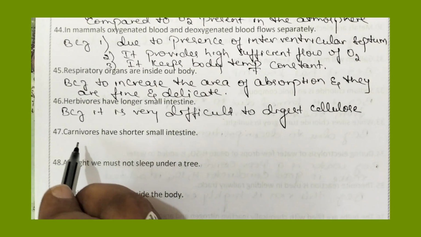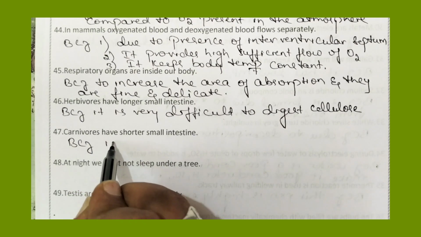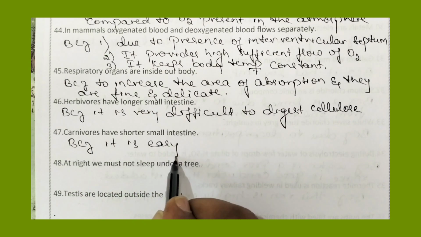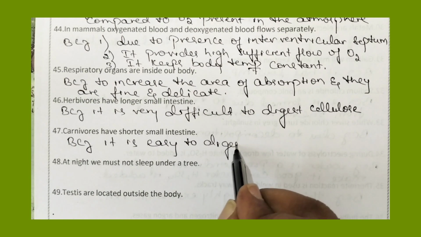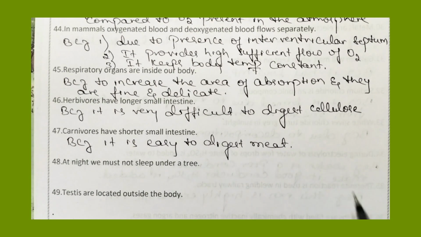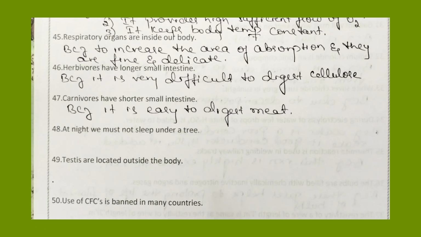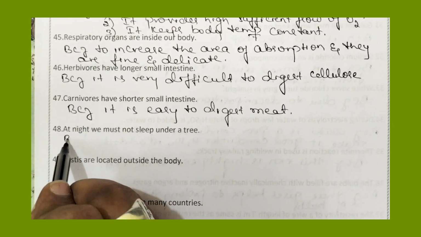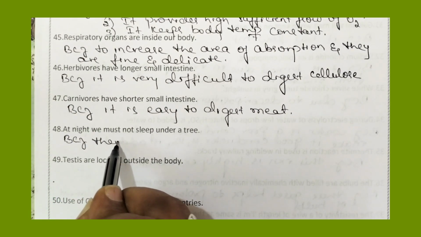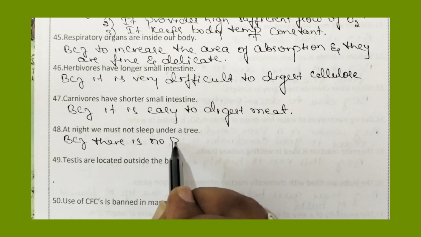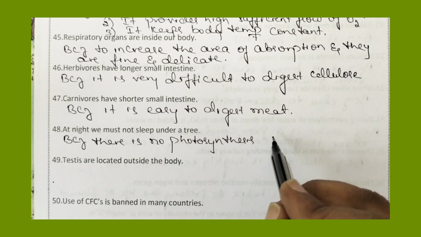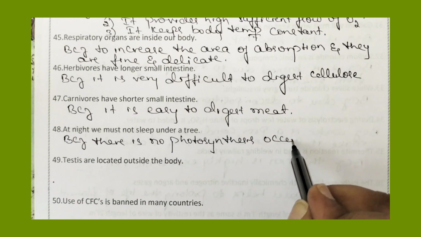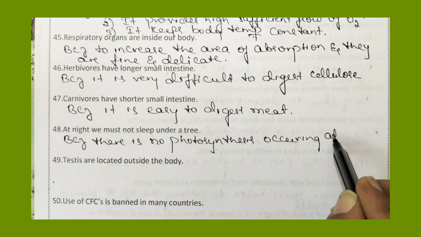47, carnivores have a shorter small intestine because it is easy to digest meat. Question number 48, at night we must not sleep under a tree because there is no photosynthesis occurring at night.